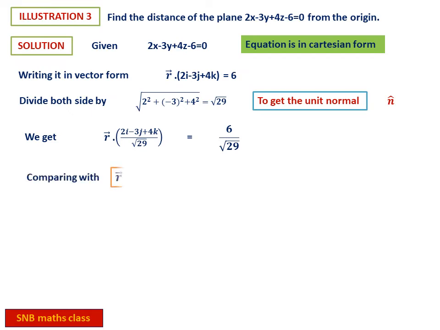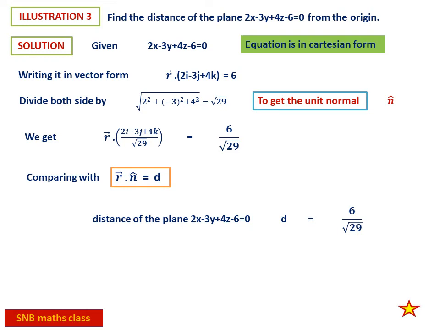Now comparing this with r dot n equal to d, the distance of the given plane from the origin, d, will be 6 by root 29. This is the method of finding the distance from the origin to the given plane. Whenever the Cartesian equation is given, this is the procedure you have to follow. So this is illustration 3, the third example. Let us proceed.